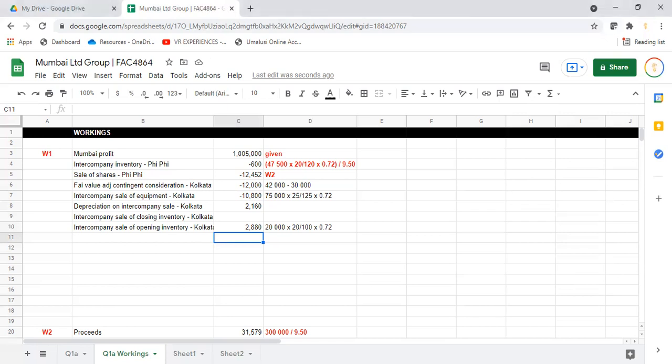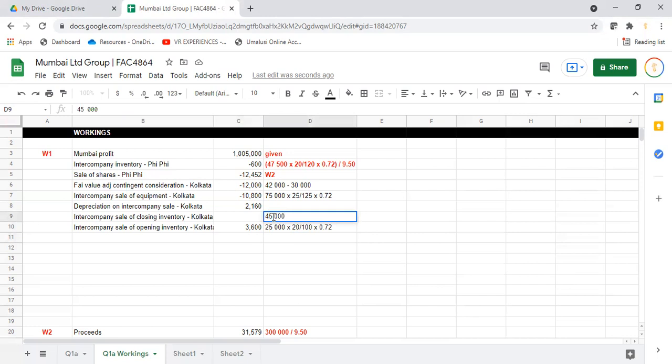So all I'm going to do... this is not 20, this is 25. Okay, closing inventory, the closing balance is 45,000.